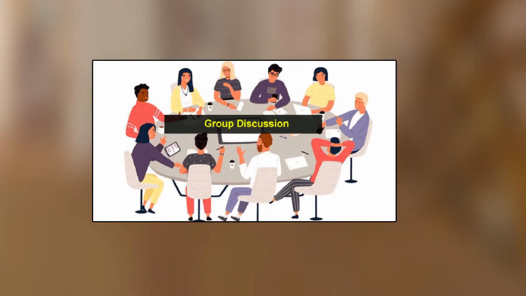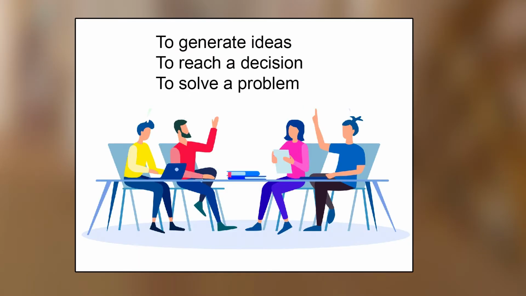When some people, any number from 4 to 10, come together and discuss a topic of interest to generate ideas, to reach a decision, or to solve a problem, it can be called a group discussion.